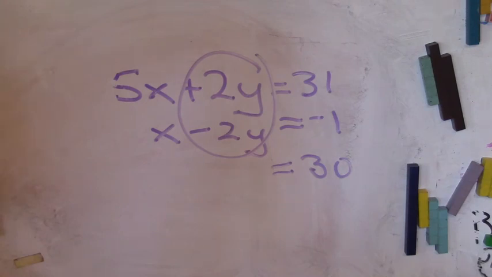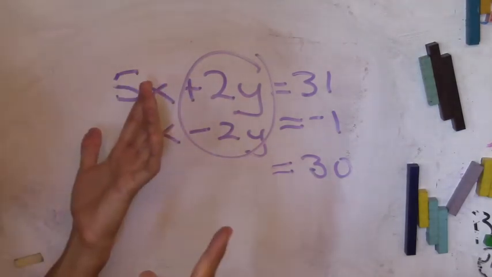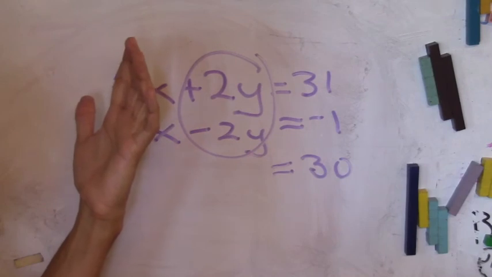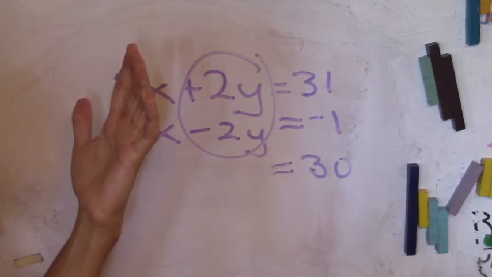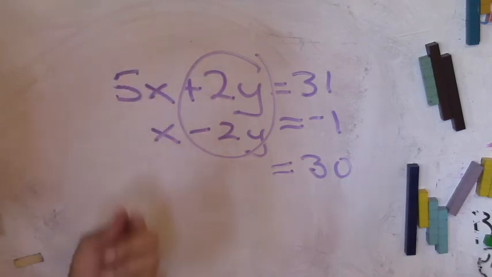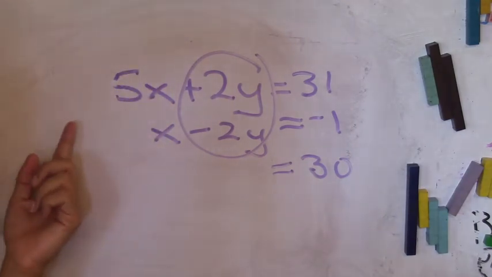Okay, it's gonna be 5. Wait a minute. If I have 5 of something and I add another something, I still only have 5 of something? No. All right. See, your brain is going, oh, we're doing algebra and it's hard.